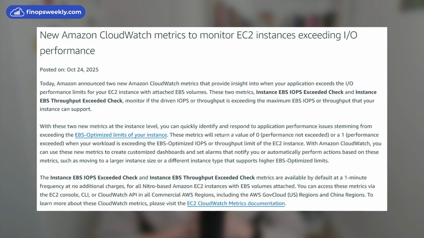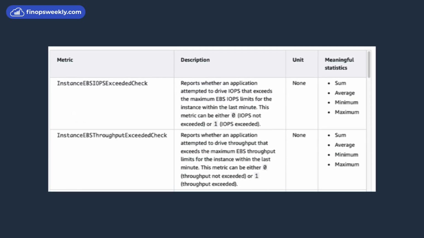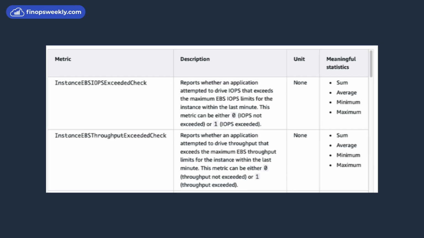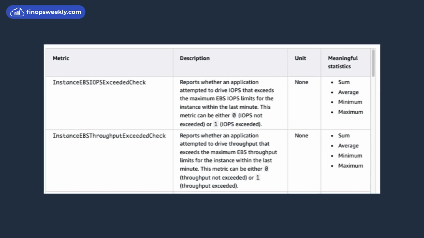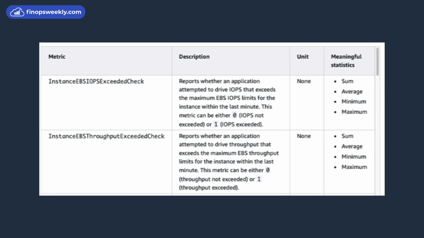Now we have new CloudWatch metrics to detect when EC2 instances exceed EBS IO limits, so that you can catch misprovisioned instances quickly. Instance EBS IOPS exceeded check and instance EBS throughput exceeded check return 0 or 1 each minute to indicate whether driven IOPS or throughput exceed the instance maximum supported.